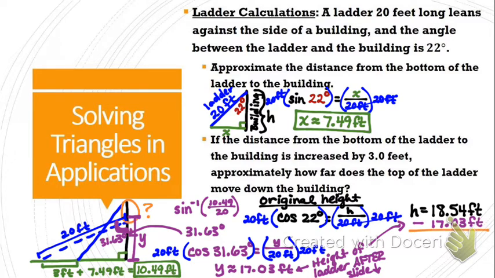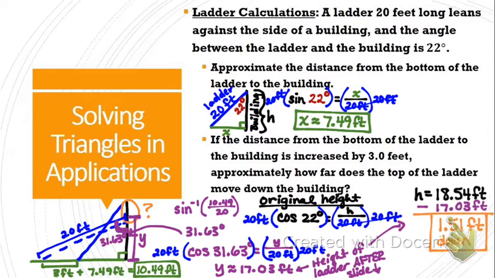How far did it slide? 1.51 feet. Absolutely correct. Where did I put my note? There we go. 1.51 feet down. I'm actually going to scoot this up just a little bit higher. Okay.